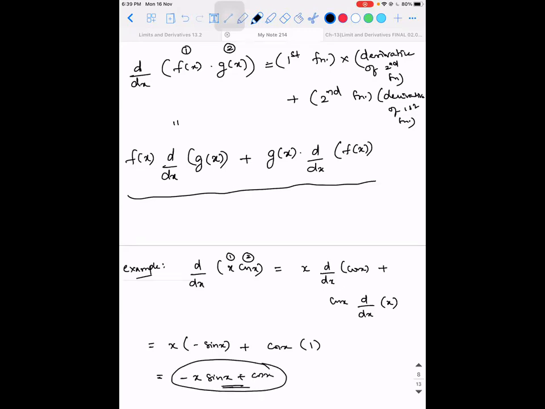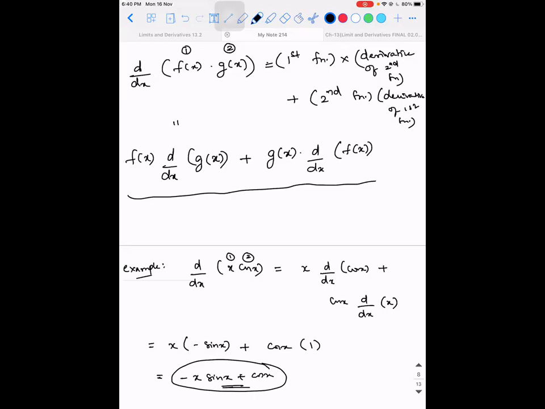You got the answer by applying the product rule. Got it? Shall I move on to the next one?